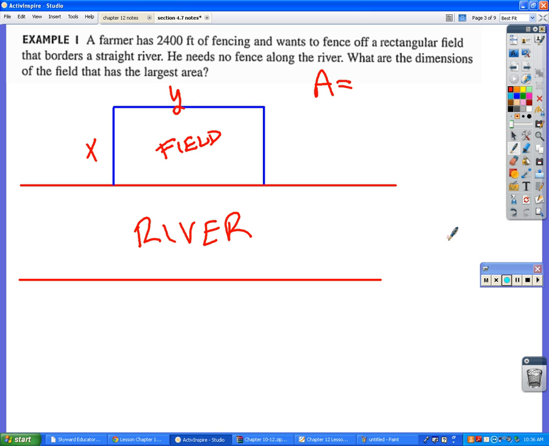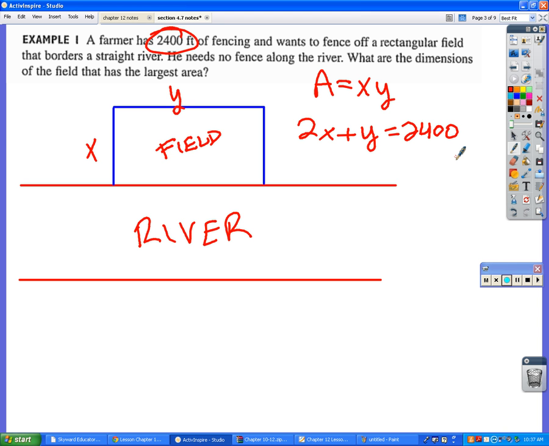X times Y. But we got 2 variables there. We don't want 2 variables. So what we need to do is come up with a relationship between x and y that uses the 2,400 feet. What'd you say, Connor? Since the perimeter of the fence is 2,400 feet, we know that 2x plus y equals 2,400.